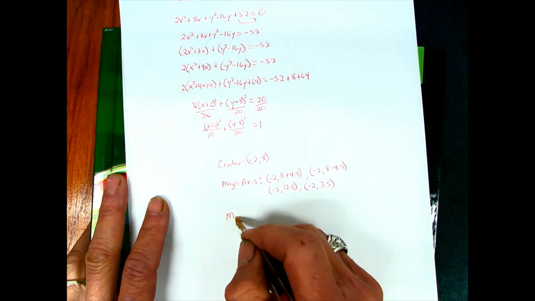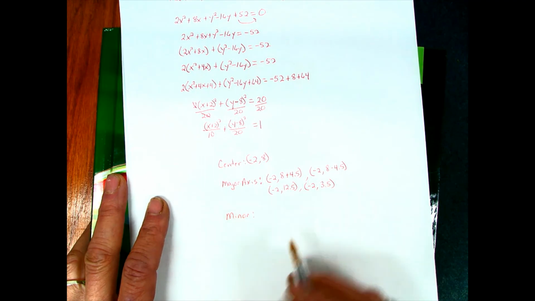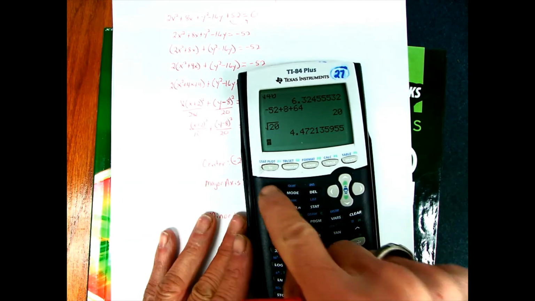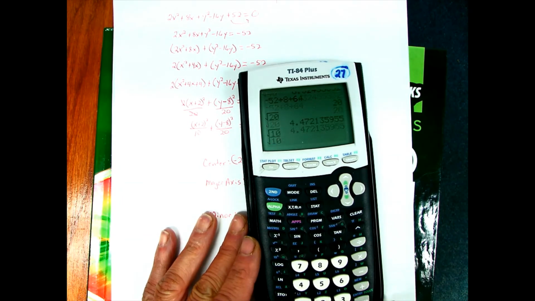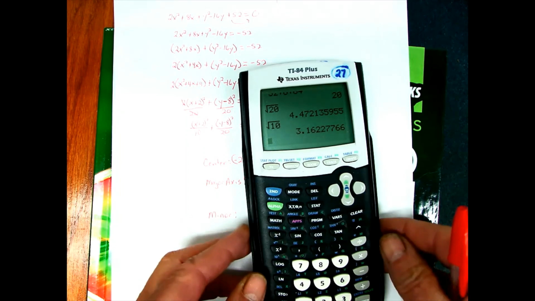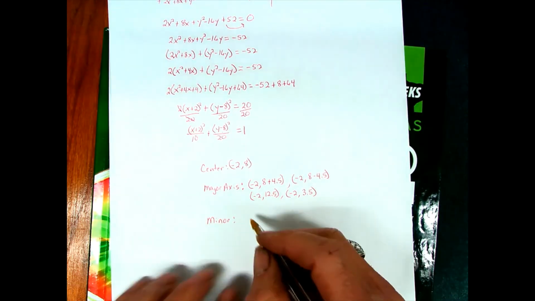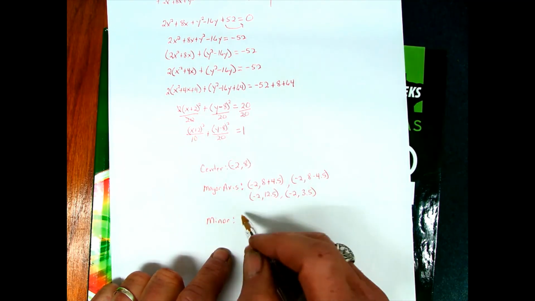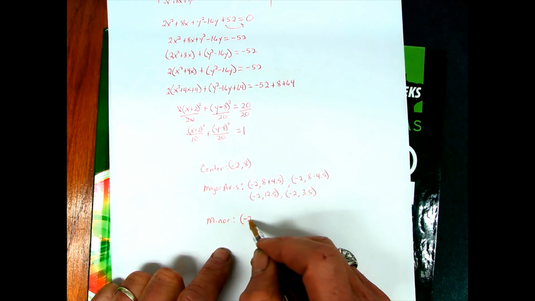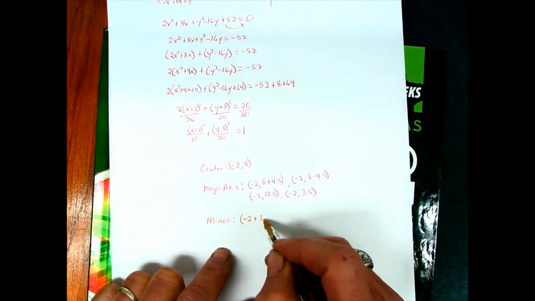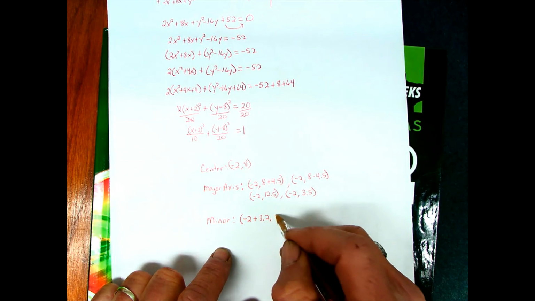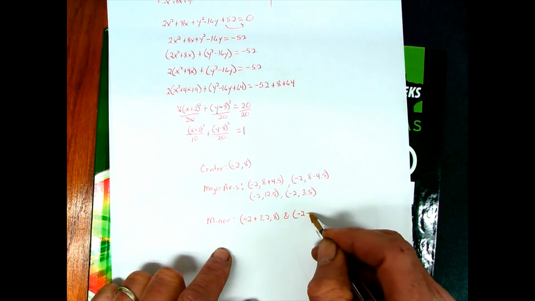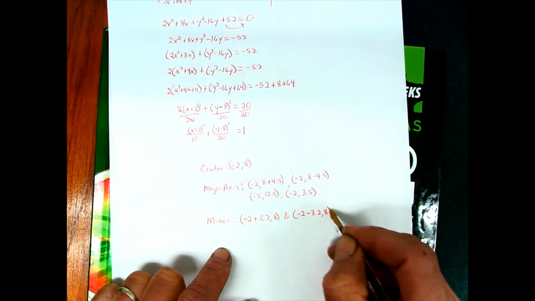For my minor axis, I start at the center point again, the square root of 10, about 3.2. My minor axis is in the x direction, so it's only the x value that changes. So I have -2 plus 3.2, 8, and -2 minus 3.2, 8.